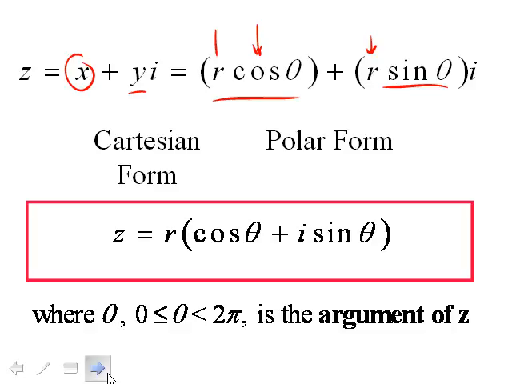So you'll see this word before. If you're talking about the complex number z, you would specify the argument of z, and that's the angle that it makes. And you talk about this value r, which is the absolute value of z, sometimes called the magnitude of z.